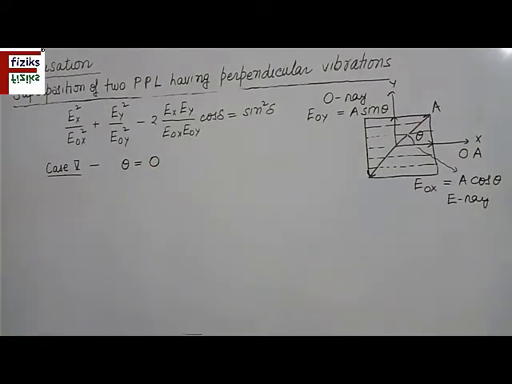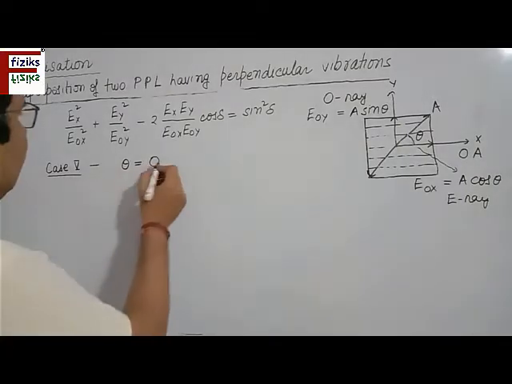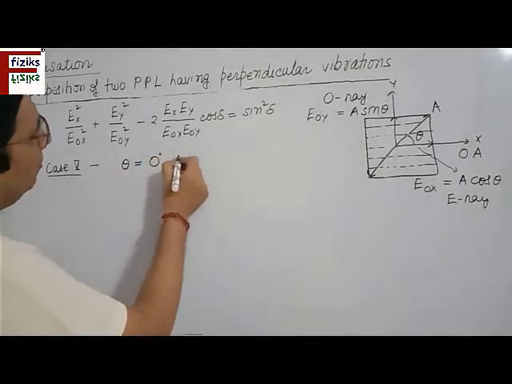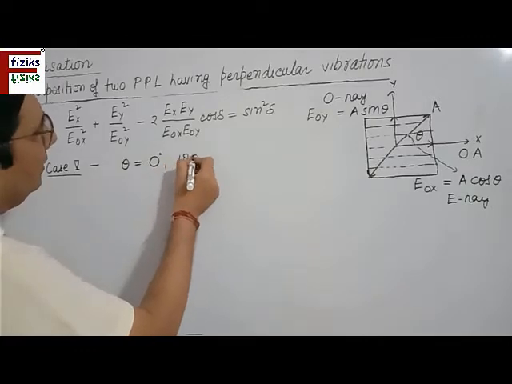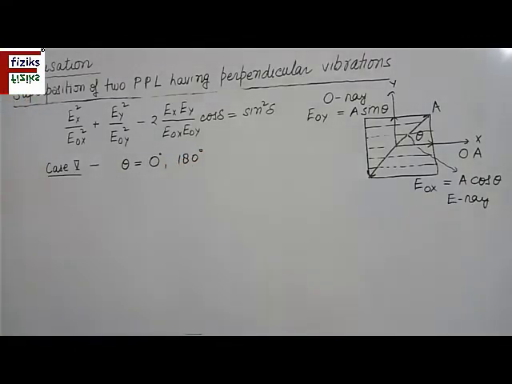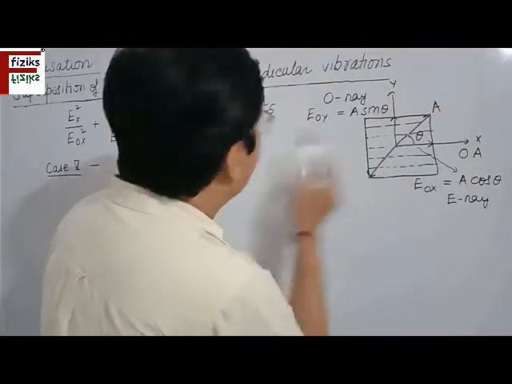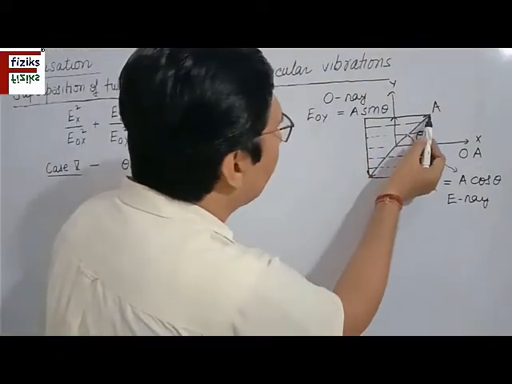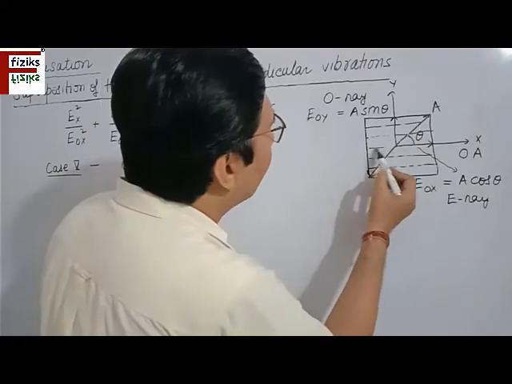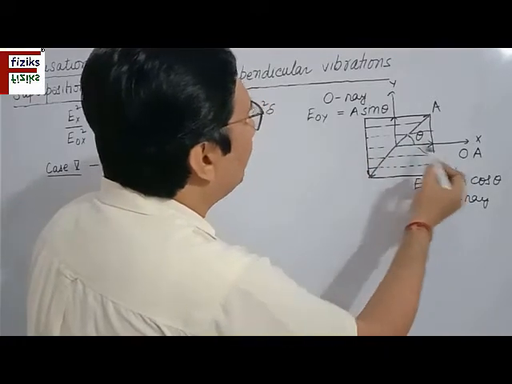Think about it. If theta is 0 degree, or you can also say that this is 180 degree, if this is happening, what is the meaning of this? If theta is this, the meaning is that this electric vibration is parallel to the optic axis.